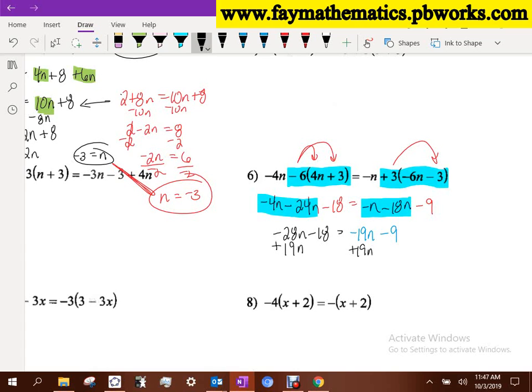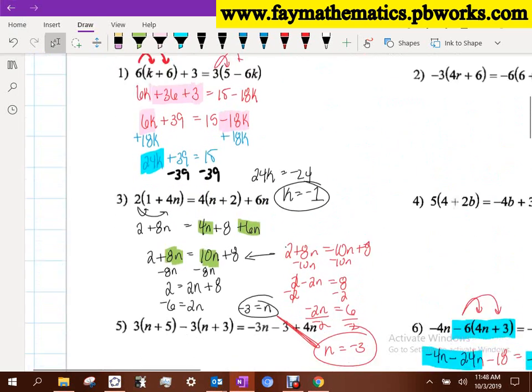So negative 28 plus 19 is going to give me negative 9n minus 18 equals negative 9. I'll add 18 to both sides. And this is eventually, I'm going to run out of room here, negative 9n. So that's going to go away. There's going to be negative 9n on the left. And negative 9 plus 18 gives me 9 on the right. Divided by negative 9. Negative 9 divided by negative 9 will give me negative 1.